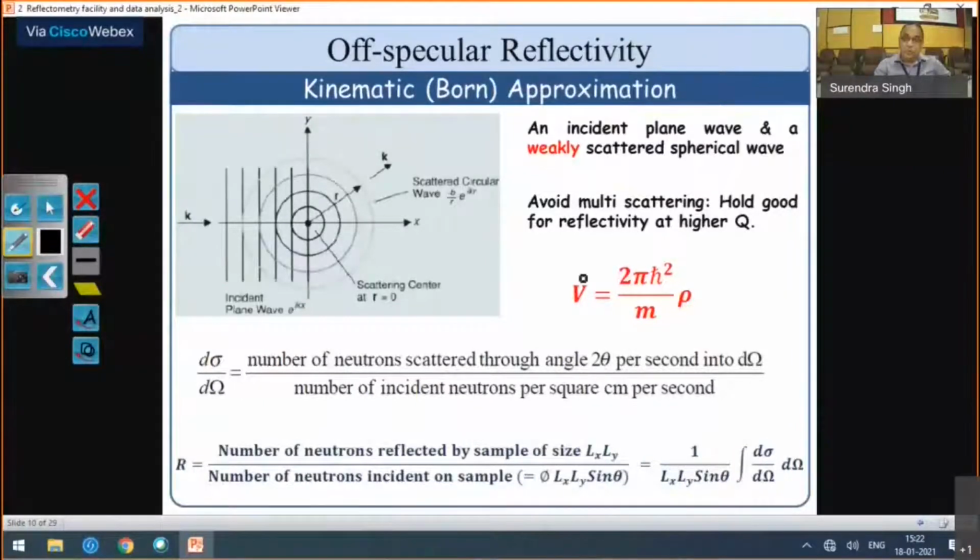This is the kinematic approximation, where you use this potential and calculate d sigma by d omega.